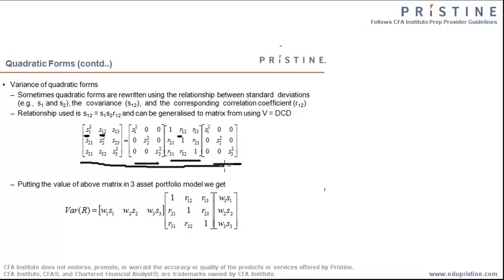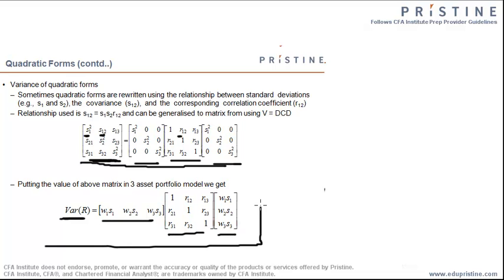So when we substitute the variance matrix in this form in the equation for the variance of the portfolio, we get this matrix multiplication relationship for the variance calculation. Thus we can alternately use this expression also for calculation of variance.